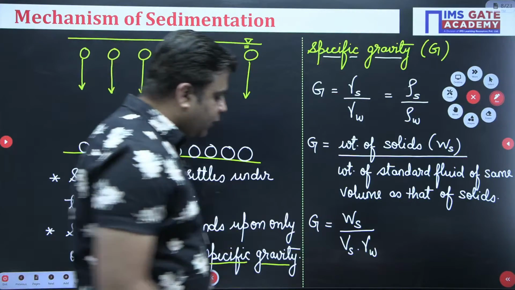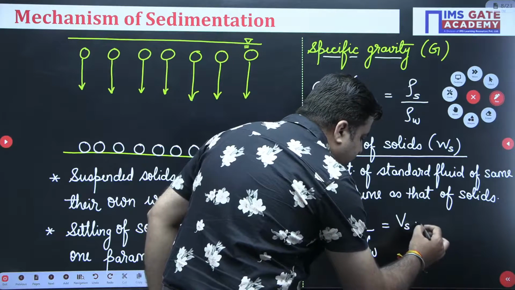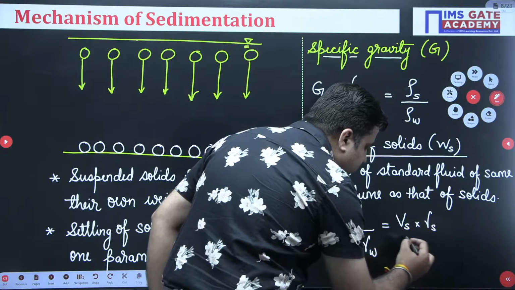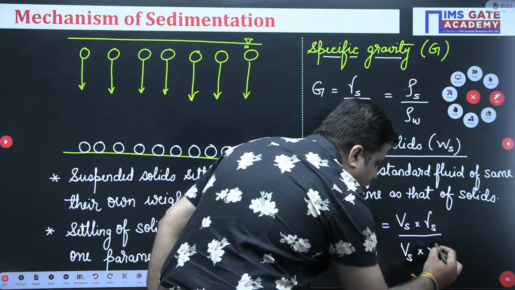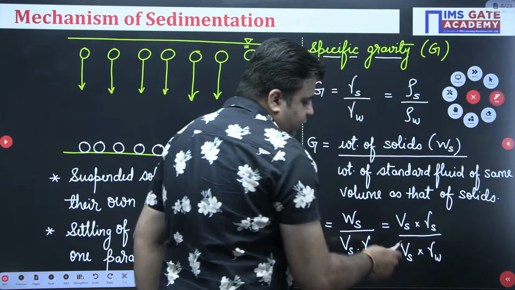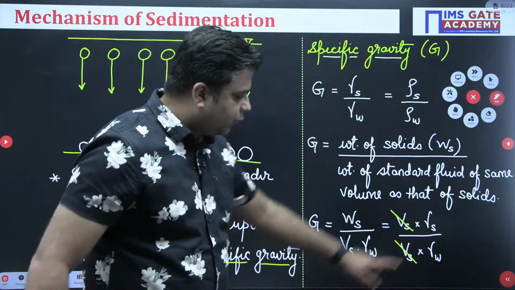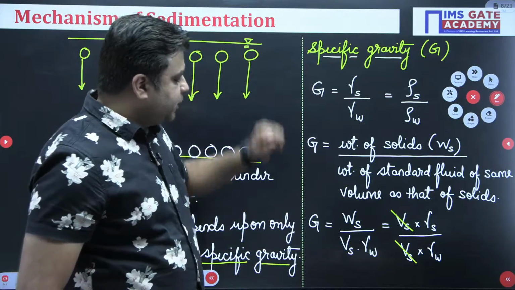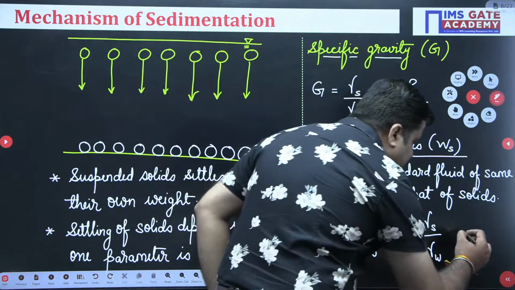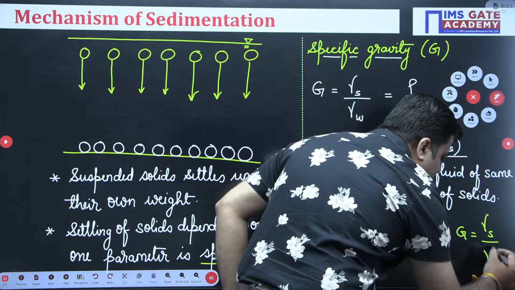Now this weight of solids can be written as volume of solids multiplied by unit weight of solids, divided by Vs into gamma W. So this Vs and Vs are going to cancel out, and you have the ratio of gamma S by gamma W. So from here, this ratio of specific gravity comes out. So G is equal to gamma S by gamma W.